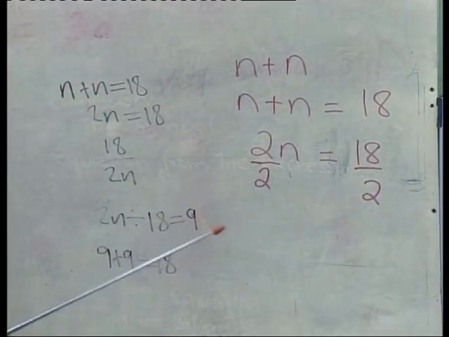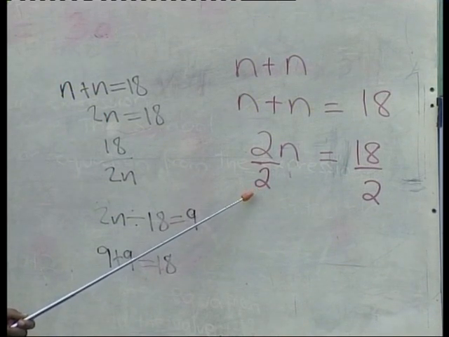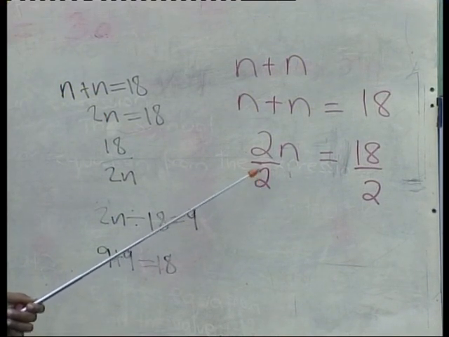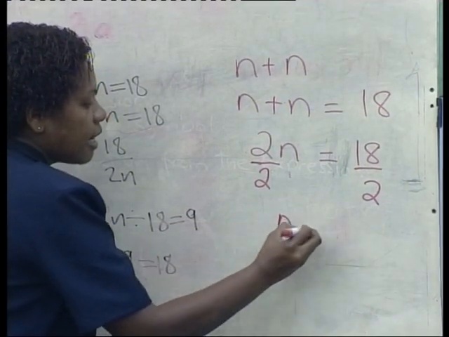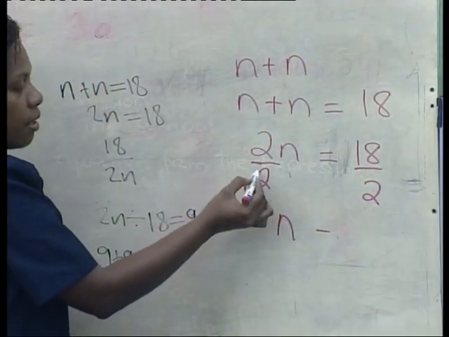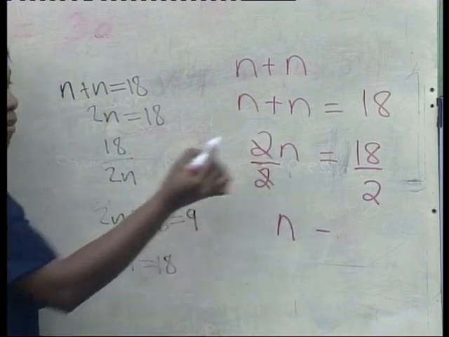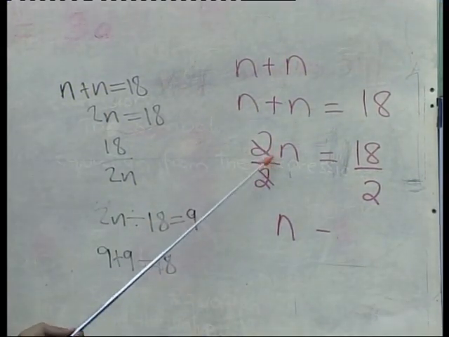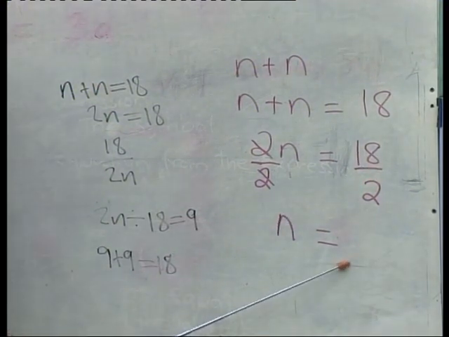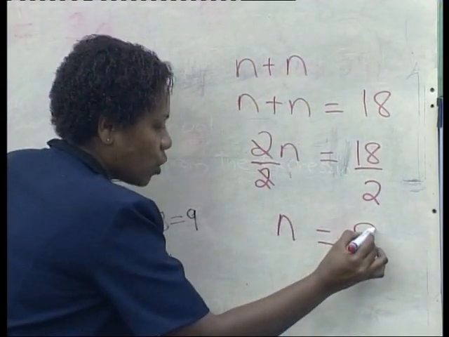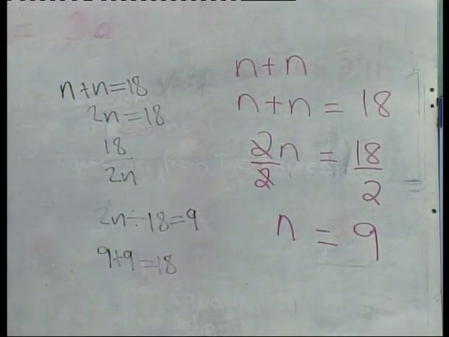Can you see? Now we are going to cancel the 2's. Cancel the 2, so n. So here we remove the 2, so I'm left with n. Can you see? n. So 18 divided by 2 is 9. n is equal to 9.